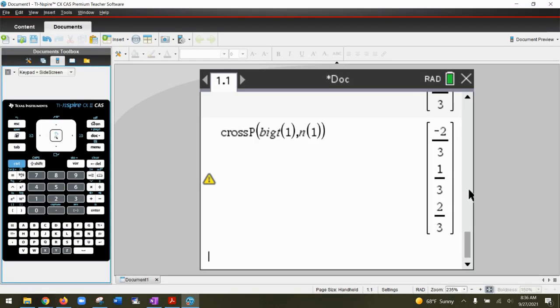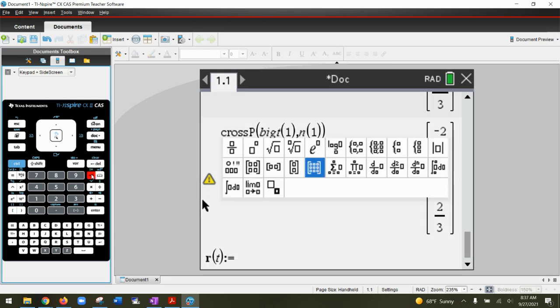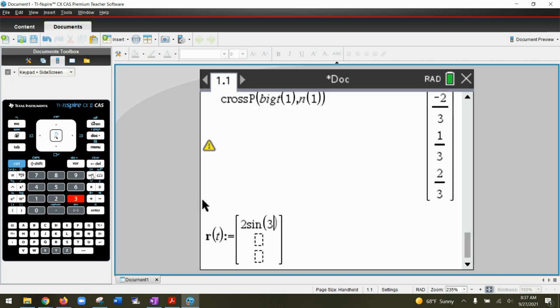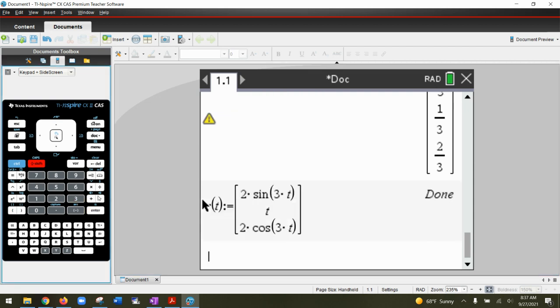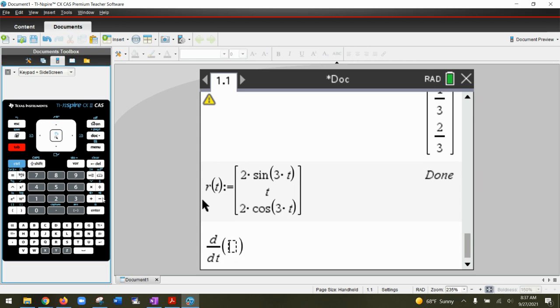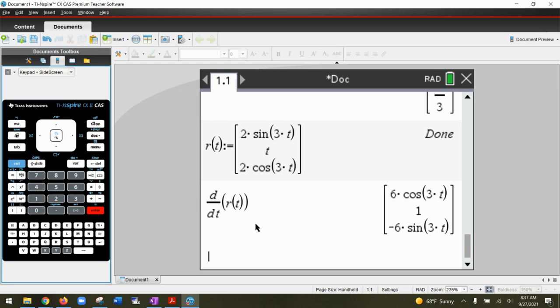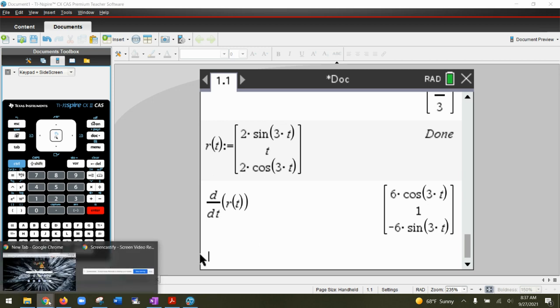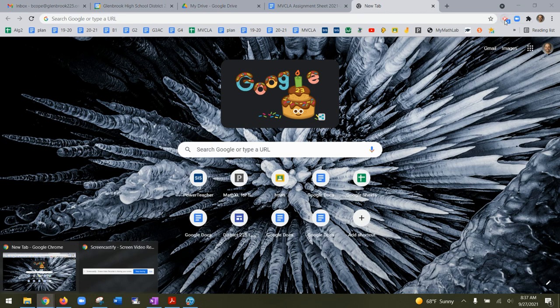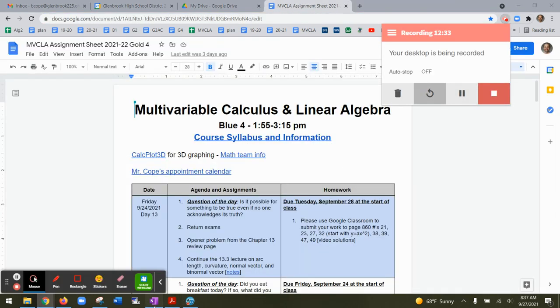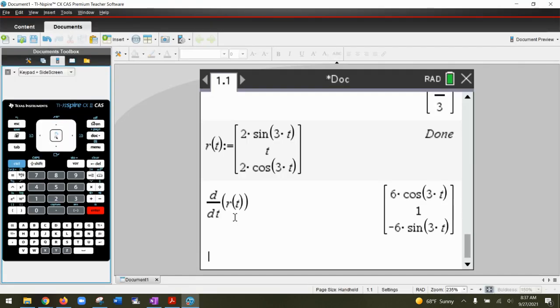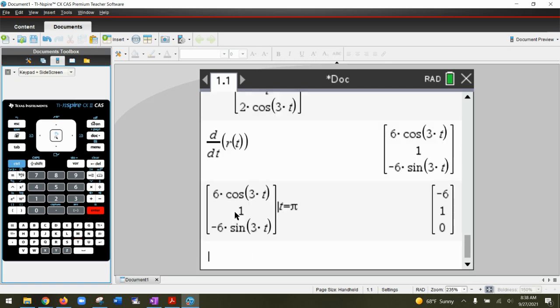Okay, r of t defined as 2 sine 3t, t, and 2 cosine 3t. The derivative of r of t gives us 6 cosine 3t, 1, and negative 6 sine 3t. Okay, so that's our derivative. Let's evaluate that at t equals pi. So we get negative 6, 1, 0.